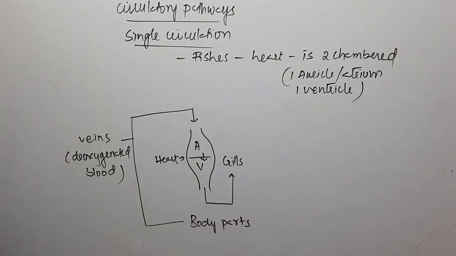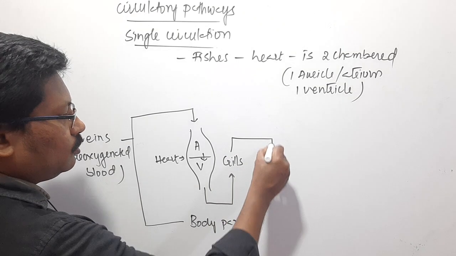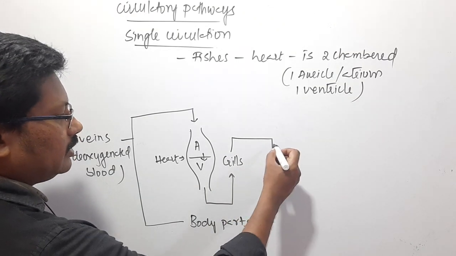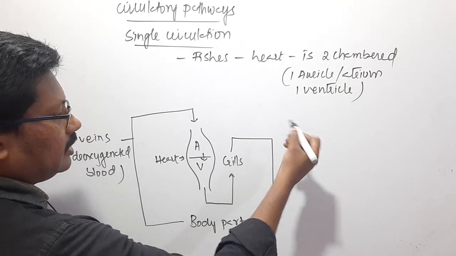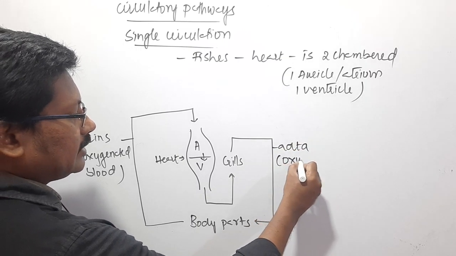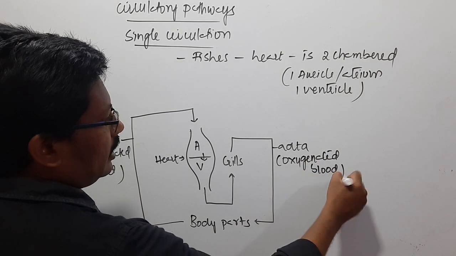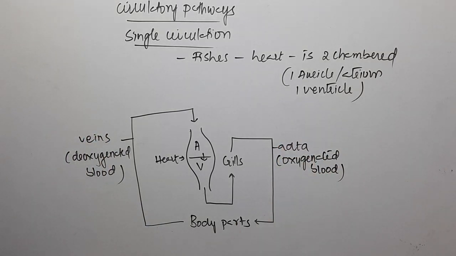We know the gills are the respiratory organs in fishes, and from the gills the blood, through the main blood vessels like the aorta, carrying oxygenated blood, flows back to the body parts.